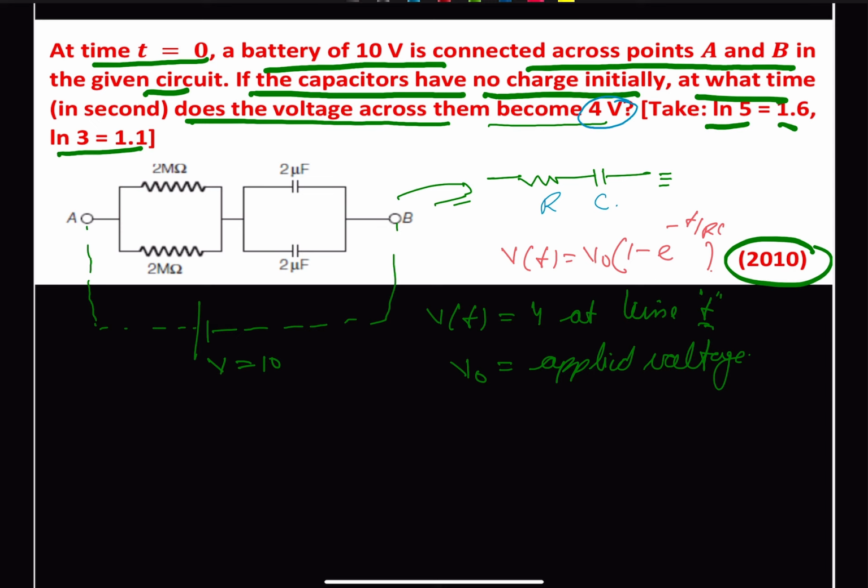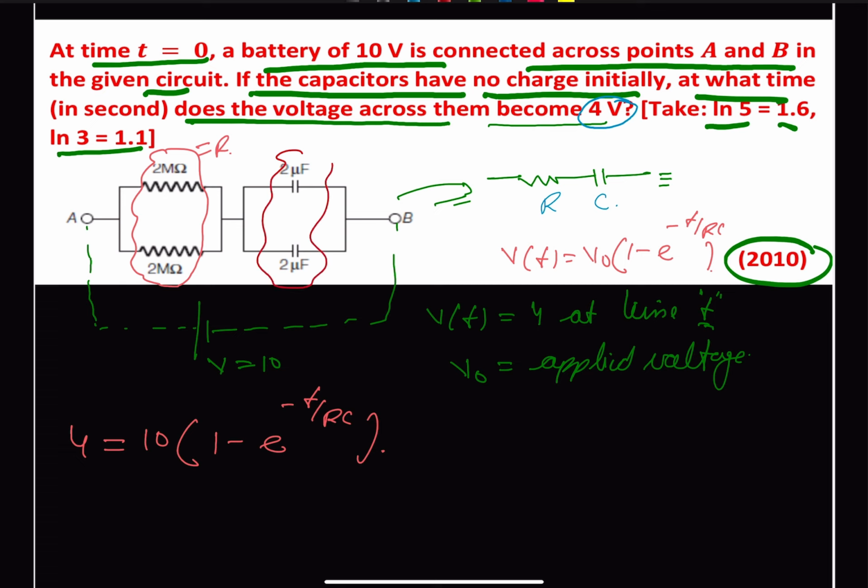Therefore, we can write that 4 is equal to 10 times (1 minus e to the power minus t upon RC). And here this R will be a parallel combination of this, and here C will be the parallel combination of this.